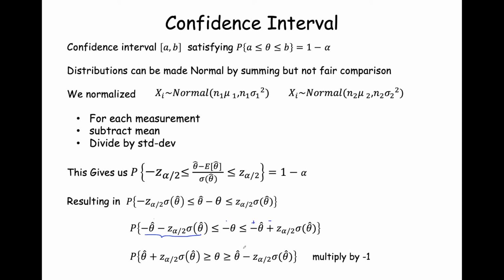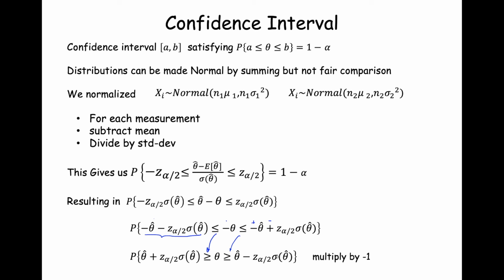So I have positive theta hat minus the z-score times the standard error of theta hat. And of course, this less than or equal to turns to greater than or equal to. So I'm left with the probability of theta hat plus z-score times standard error of theta hat, greater than or equal to theta, greater than or equal to theta hat minus z-score times standard error of theta hat.